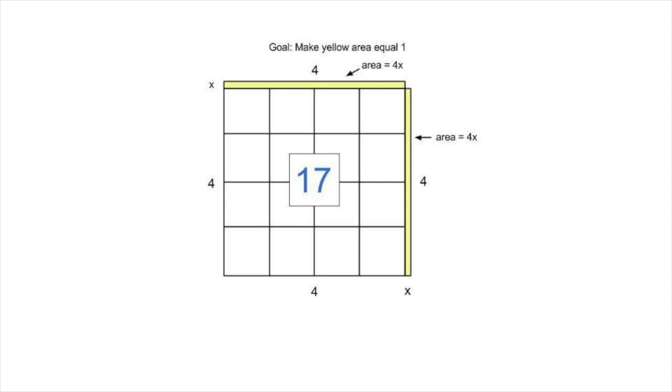And if we add up the area of the rectangle on top and the one on the right, we'll have a total area of 8 times our mystery number x. And so we want 8 times x to have an area of 1, because 17 is 1 more than the 16 we started with. And to do that, we're going to set x to 1/8, because 8 times 1/8 equals 1.